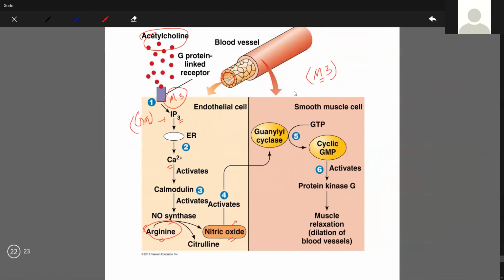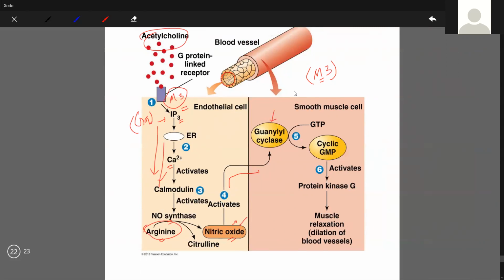And that nitric oxide will diffuse through the endothelium, comes to the smooth muscle cell, and does its function. It's not that the M3 is working through guanylyl cyclase. No. M3 is doing its job through the GQ coupled receptor, as the GQ coupled receptor works.